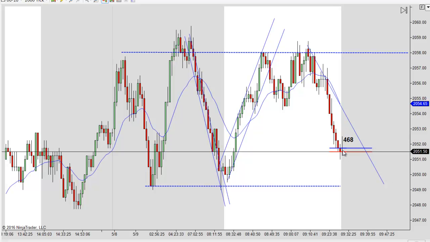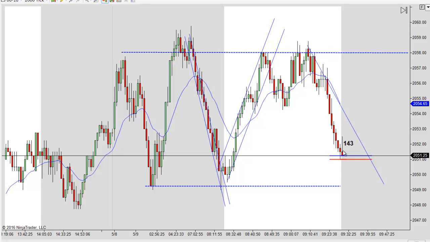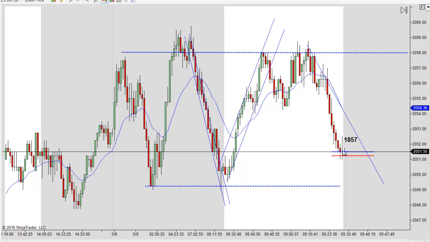So that was about another 21, that's another 105 ticks. So that was another 1,300 bucks on a runner there.